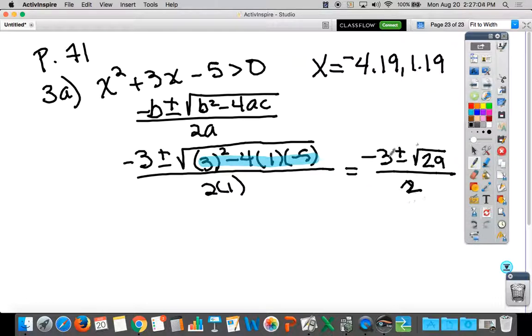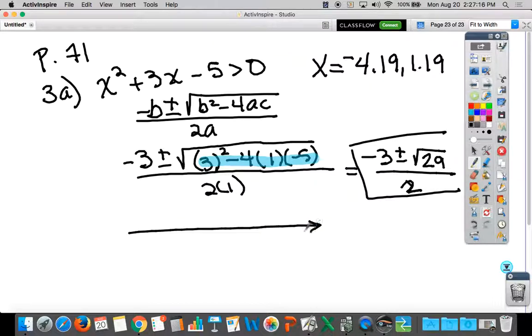Does this mean one thing to you? No. In this form, you don't know what shows up where on the number line, right? But we can put the sign chart right here. We can do -4.19. We can do 1.19. But the next thing we have to figure out, go ahead and do your 3 test points.